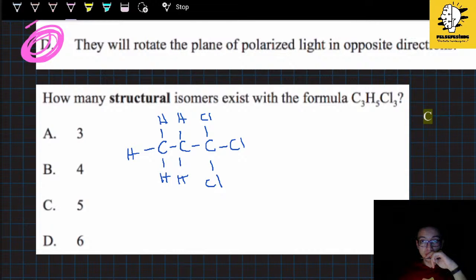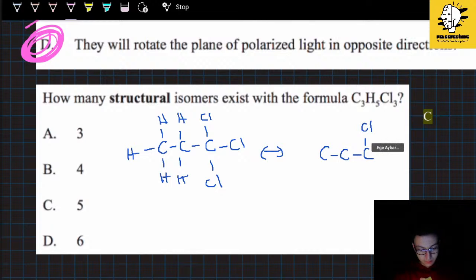And let's try to write these isomers. And it's saying structural isomers. Okay, so one is here. Let's try to draw here. C, C, C. When we are writing its name, it will be 1, 1, 1, 3 chloro, but here 1, 1, 2, 3 chloro.